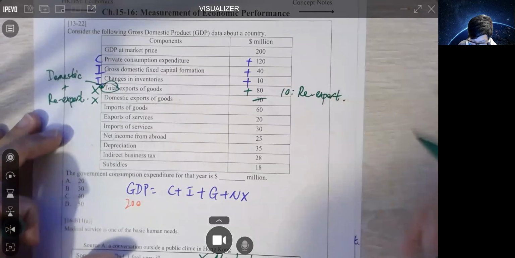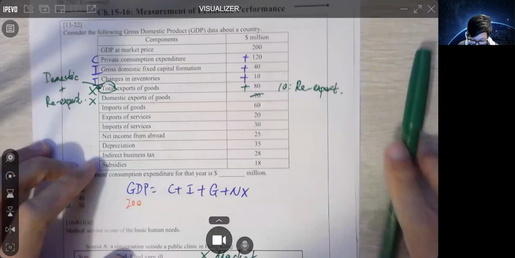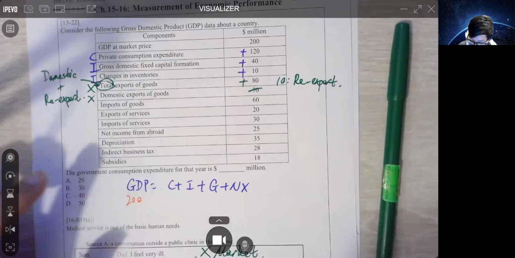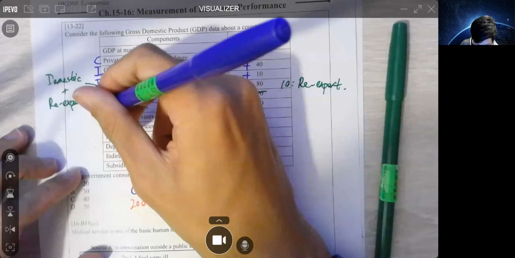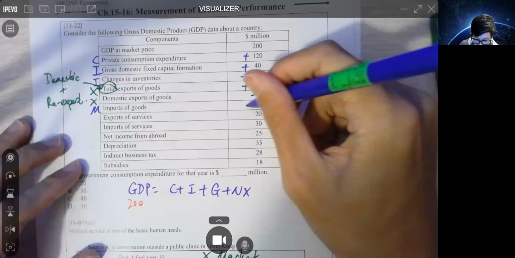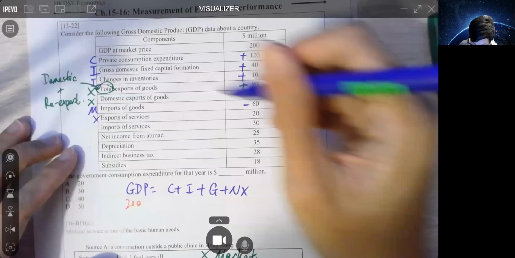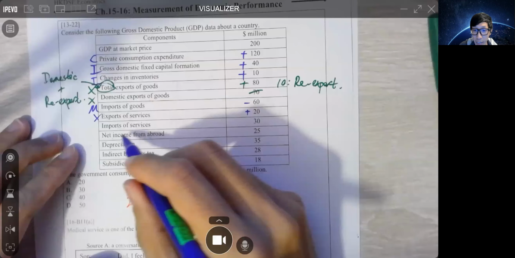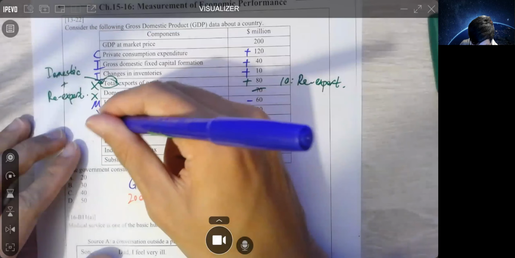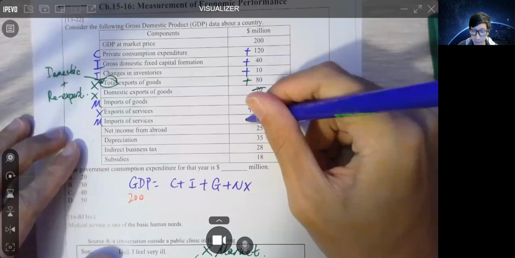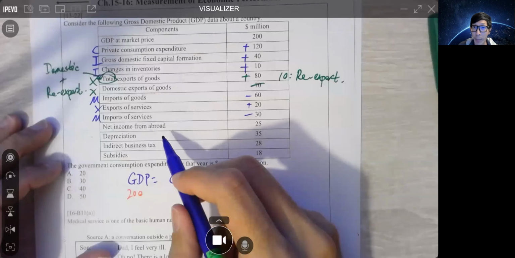It's already inside, okay? Then here, import of goods, import, right? We have M minus, right? Export of service plus, and import of service minus, right? Net factor income from abroad.